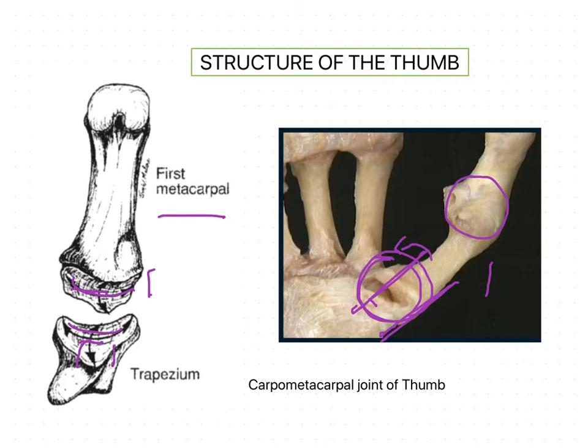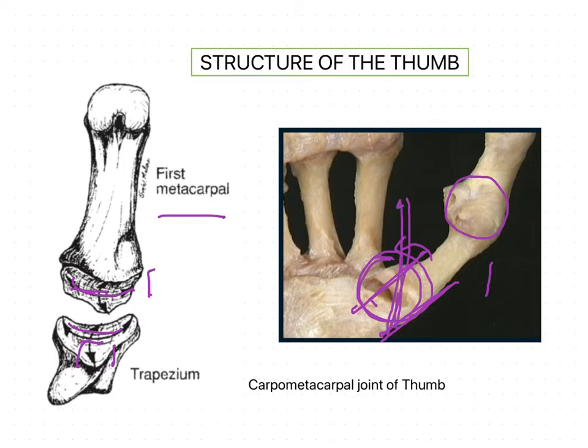The saddle-shaped portion of the trapezium is concave in the sagittal plane. So in the sagittal plane only, abduction and adduction take place.